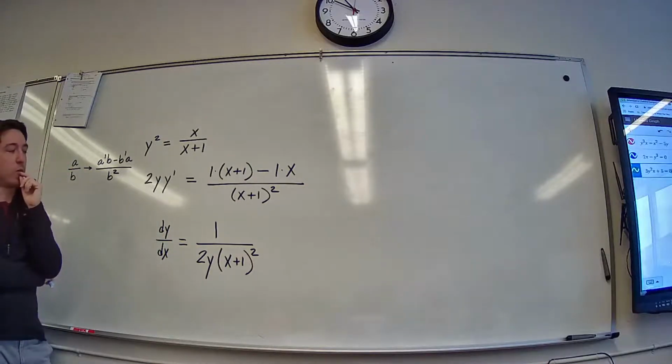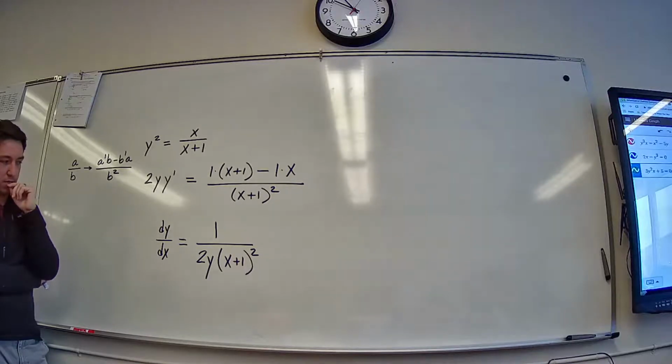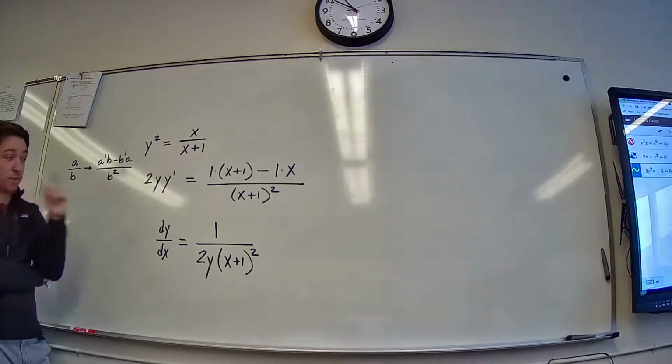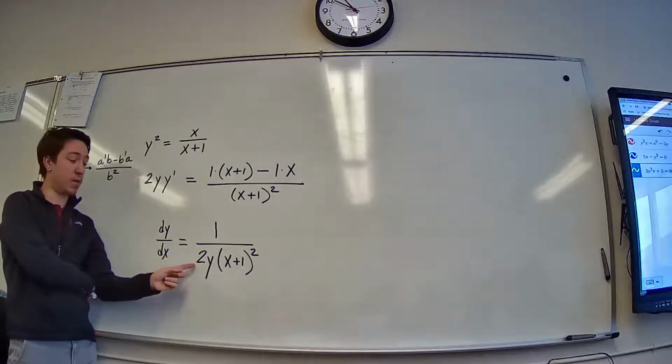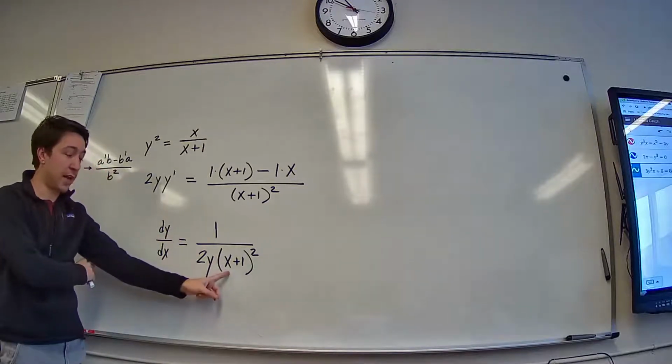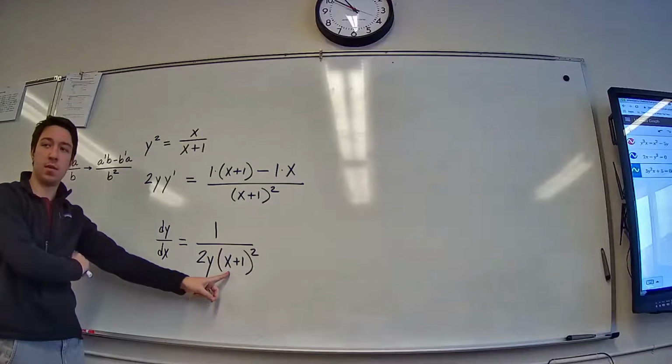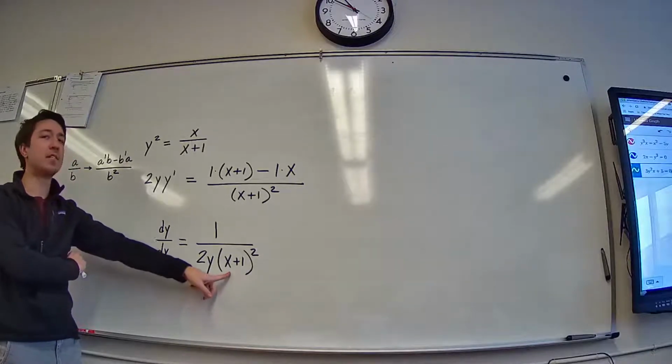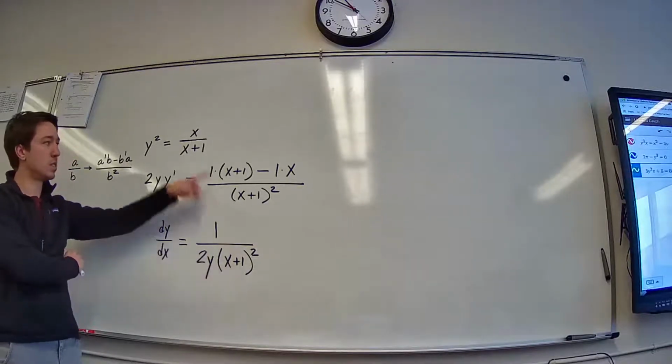A little bit trickier. Where would it have a vertical tangent line? That's where the bottom equals 0. So there's 2 ways for that to happen. If x is negative 1, well, wait a second, is x allowed to be negative 1?